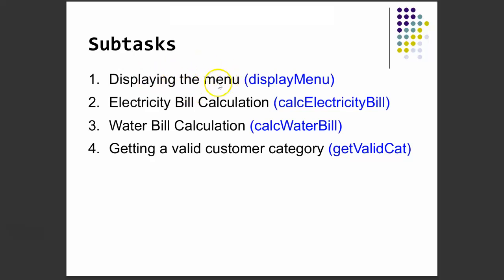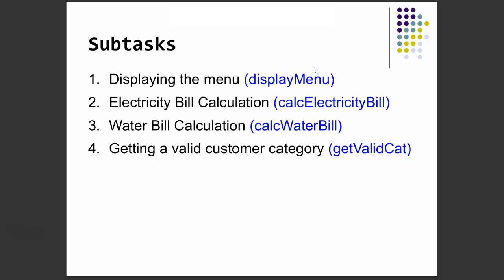We want this subtask to be handled by the display menu function. So we are proposing that we are going to create a function called display menu, and this function will display the menu to the user, and the menu will require the user to select among these 3 choices.